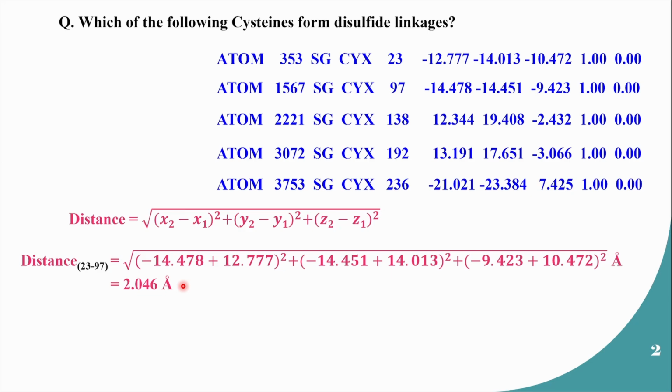That is in the disulfide bond distance range, right? So you can say that 23 and 97, these two cysteine residues, are forming disulfide bonds. Are there any other cysteines in this list that you think are forming disulfide bonds?